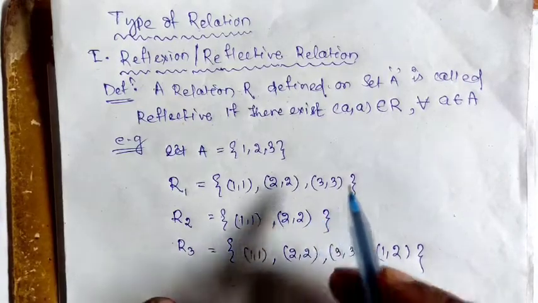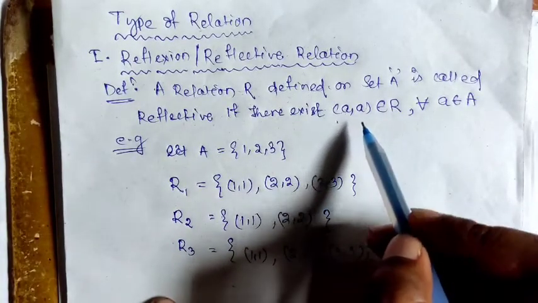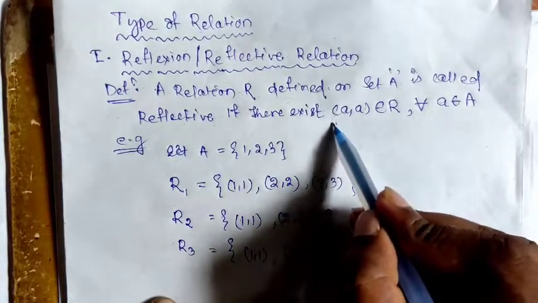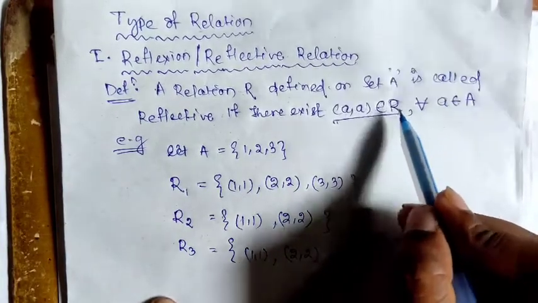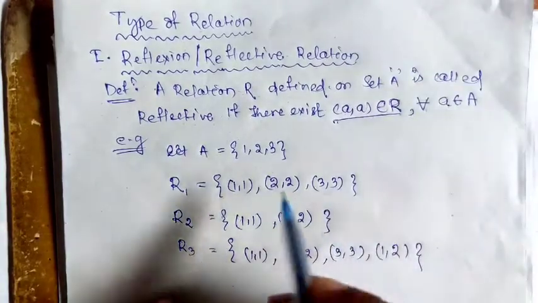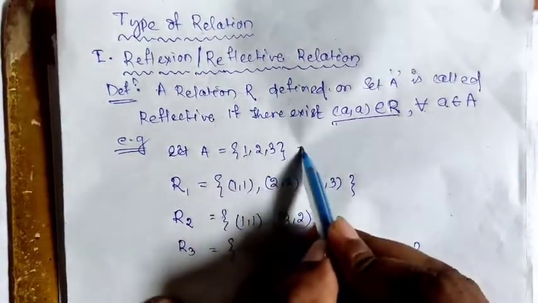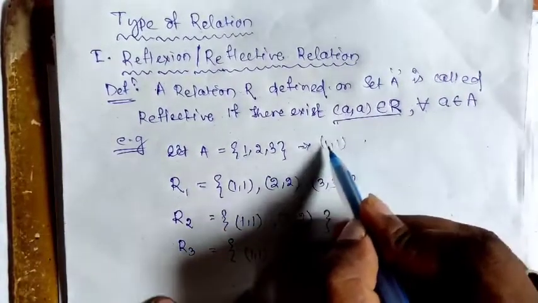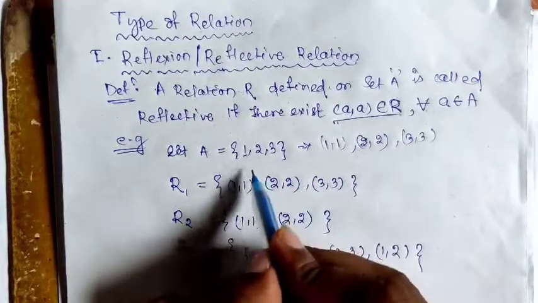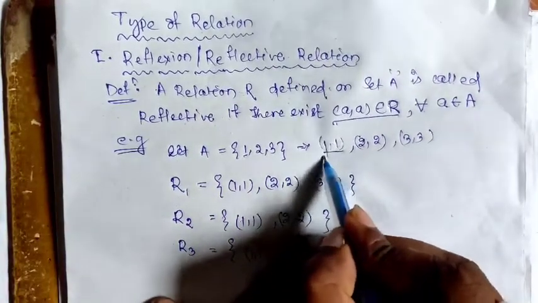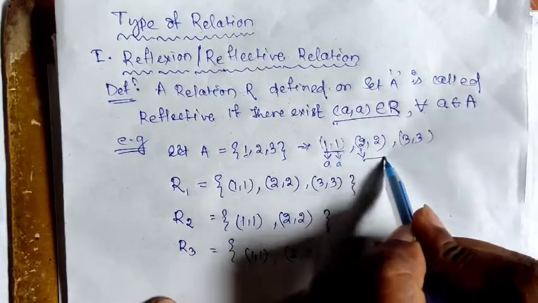So we look into the definition: to be called a reflective relation, there exists an ordered pair (A, A) in set R for all elements of A, that is (1,1), (2,2), (3,3). For the first ordered pair, this one becomes A and the second becomes A, and similarly for the third.